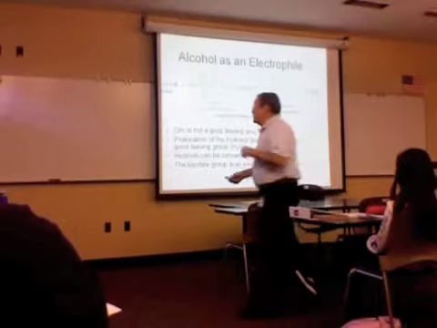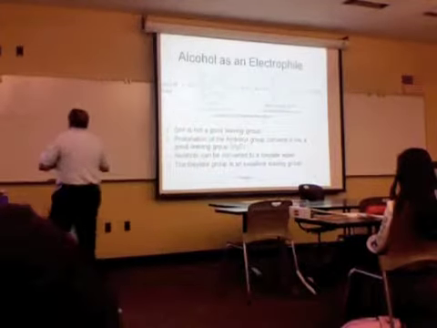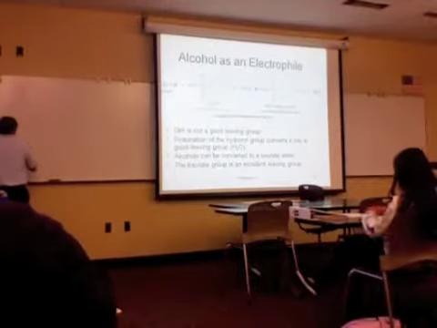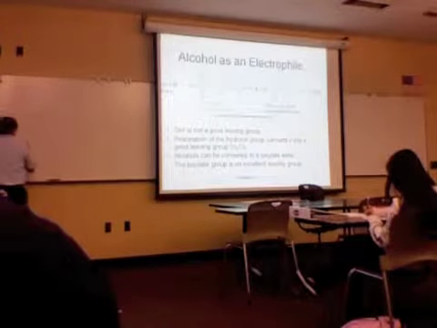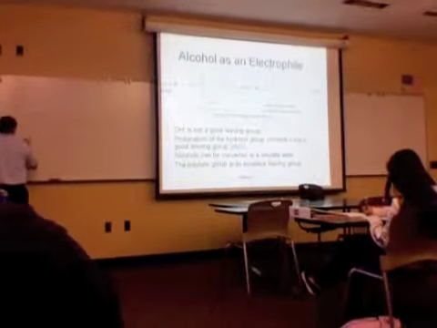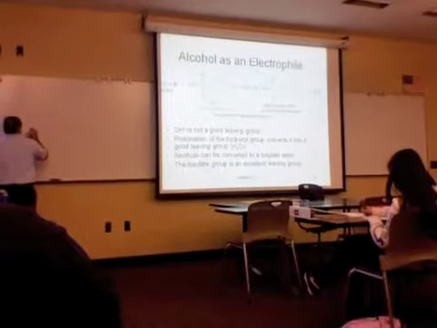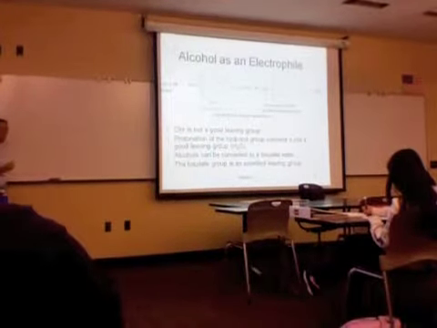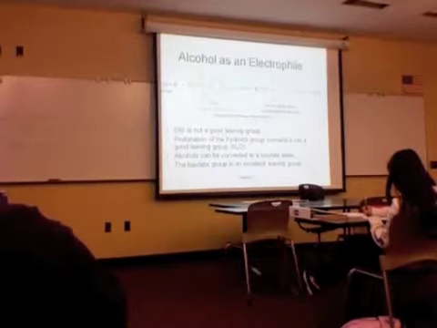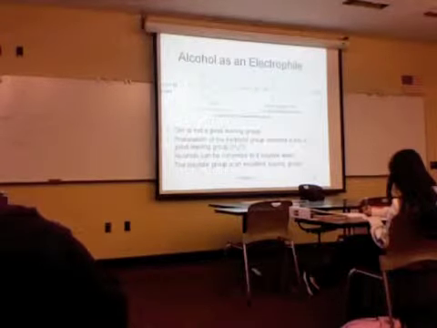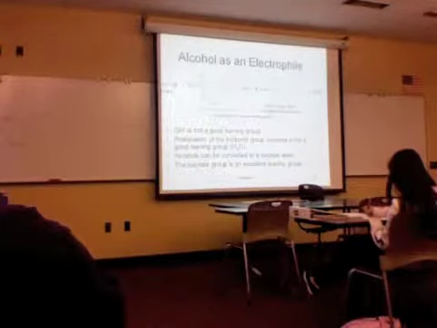So there are two ways to make this work better. One thing I can do is take my alcohol and put it in acid, and what will I get? It'll protonate the alcohol.